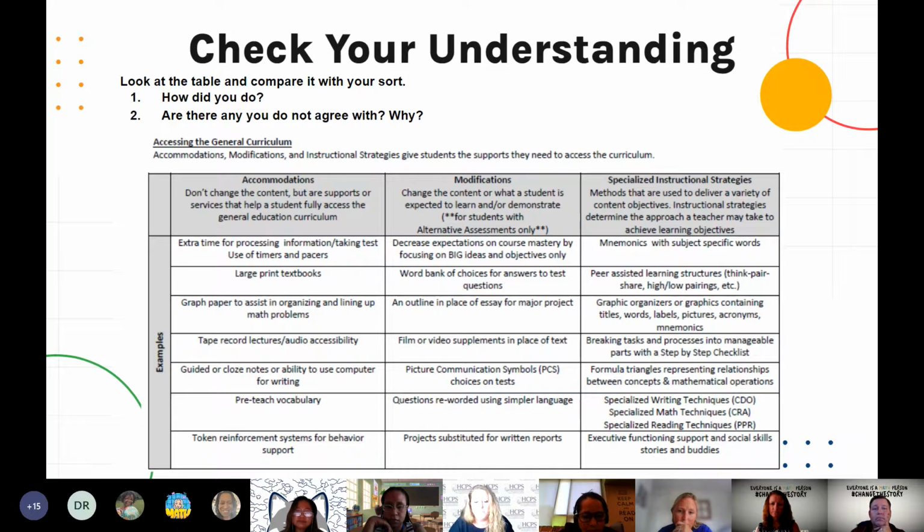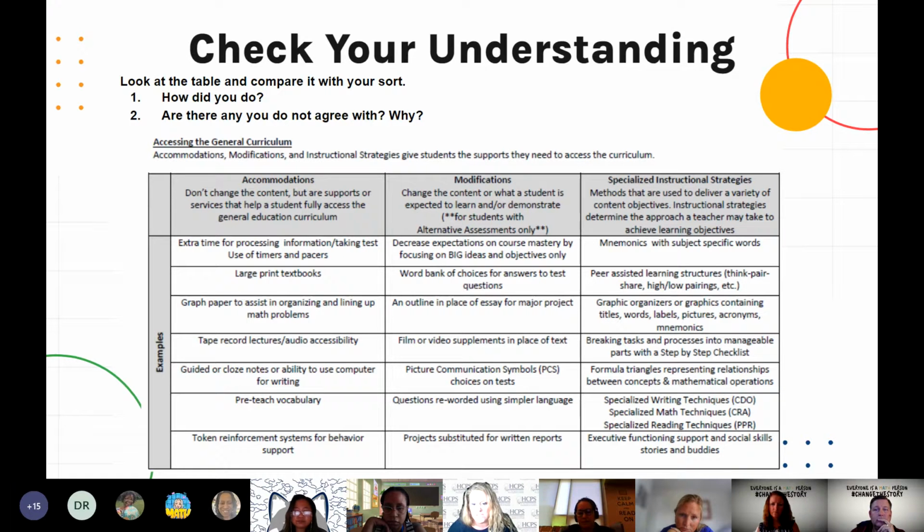Can I clarify this point, Michelle and Skip? Yes, absolutely. So very good question. And Mr. West asked this question in our group earlier. So modifications, although some of these I don't completely agree with because I think they could be accommodations, but decreasing expectations, I want you to look in the parentheses where it says for students with alternate assessments only.